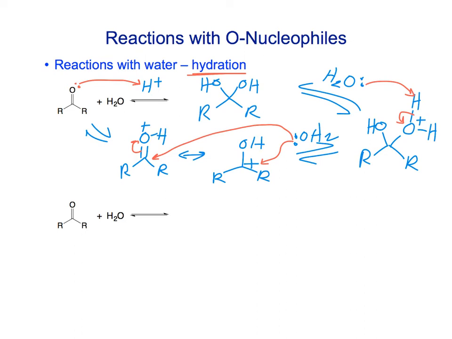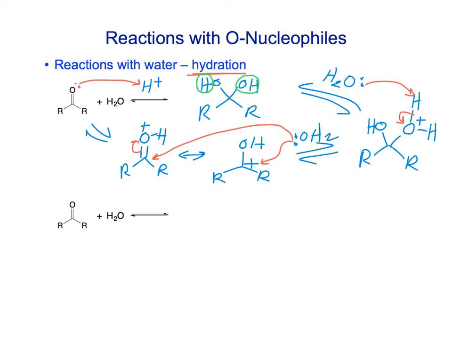Essentially what we've done is add an OH to one carbon and an H to the oxygen. Just like a hydration reaction with an alkene, we add OH at one position and H at the other. We could also call this a geminal diol. Geminal means both groups are on the same carbon. Gem diol.